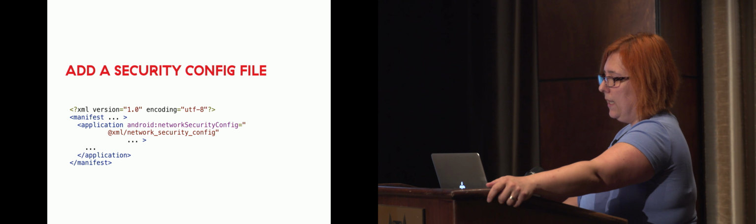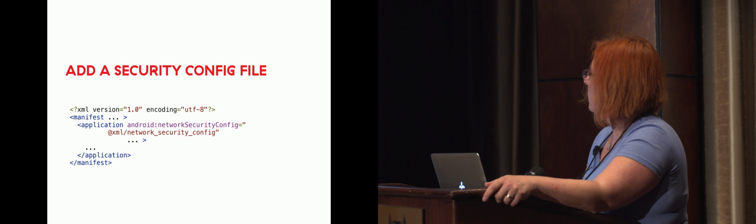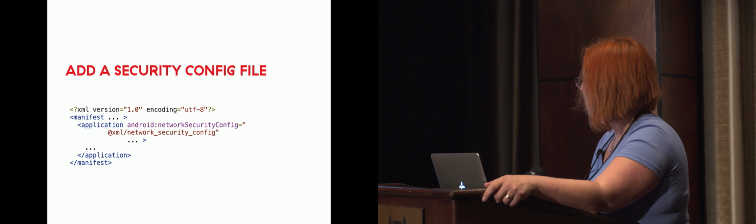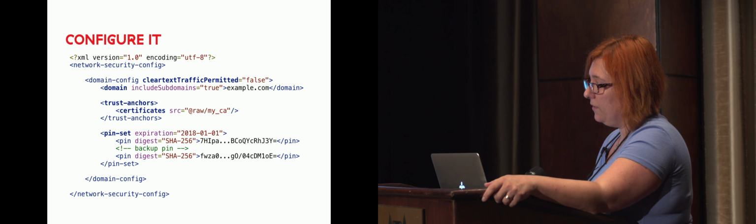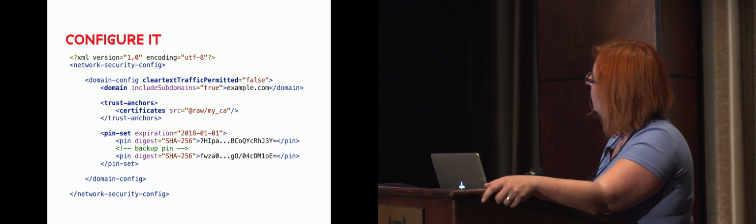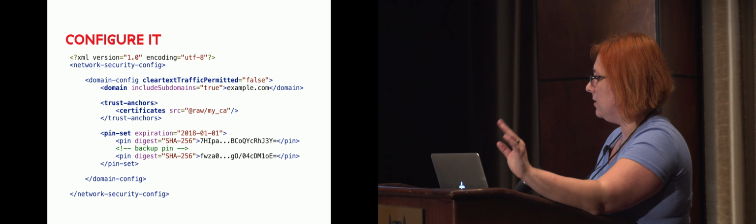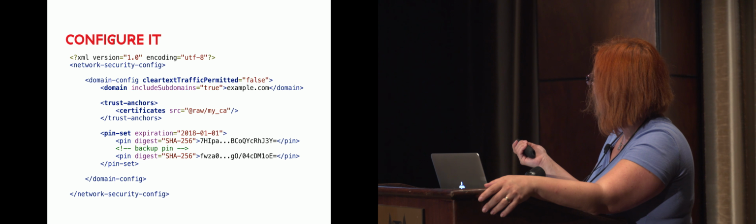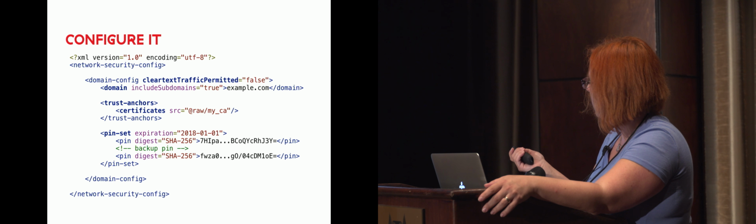So the first thing you need to do with that is add it to the application tag. And as far as configuration, I tried to bold the things that can be done, just a few of them, so you get the picture. So you can determine whether you want to use clear text or not. You don't.